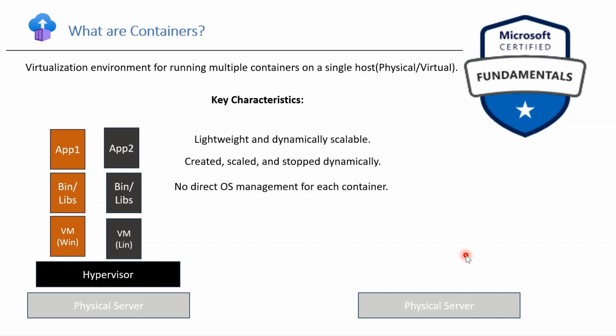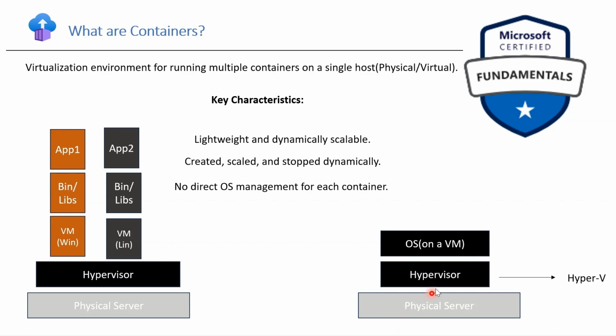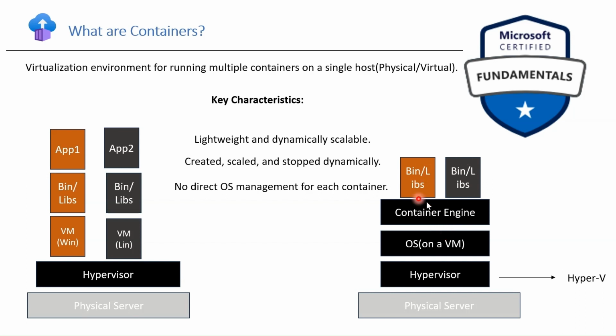Here is a physical server, and on top of it we install the hypervisor, which can be Hyper-V, and then on this hypervisor a VM is created, which runs an operating system. On this VM is a container engine, which can be Docker. On top of Docker, we install the binaries and libraries, and then we run the application.